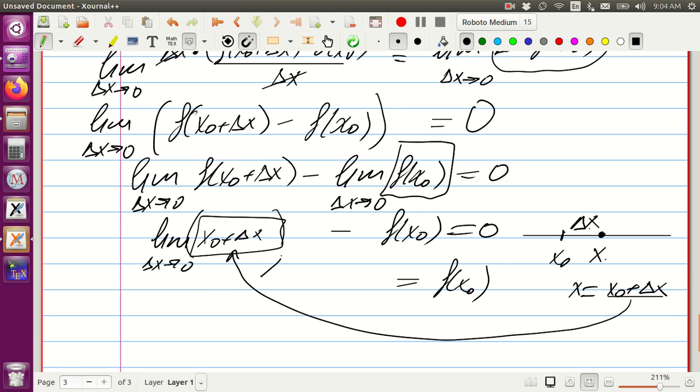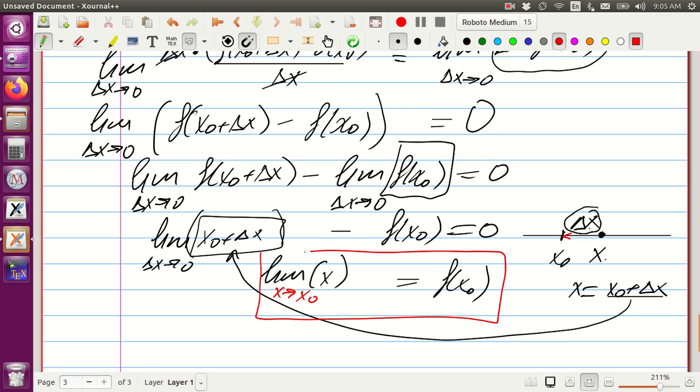So we'll have limit of x, and now what happens when delta x goes to 0? When this quantity becomes smaller and smaller and smaller, x travels to x sub 0. So instead of delta x, we can write x goes to x sub 0, and this is exactly what we wanted to show.